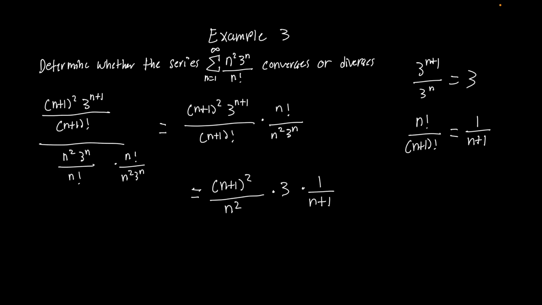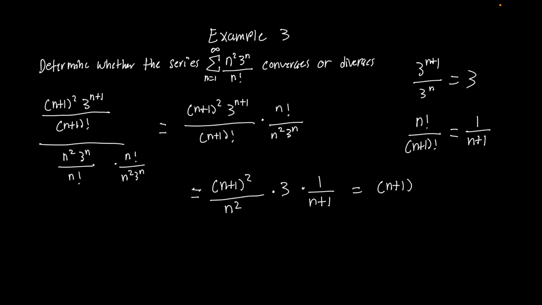So now the only thing left to do is to simplify the n plus 1 squared and the n squared somehow. If you can see, we have an n plus 1 squared here, and we have an n plus 1 right here. So one of the terms can cancel out. We can simplify this further by saying this is just n plus 1.